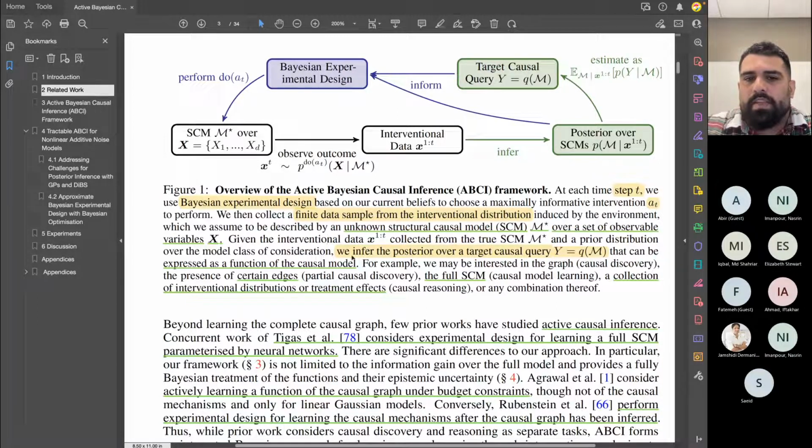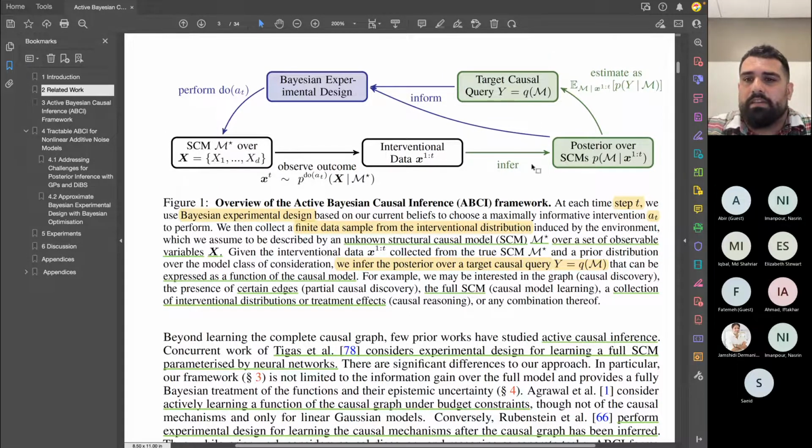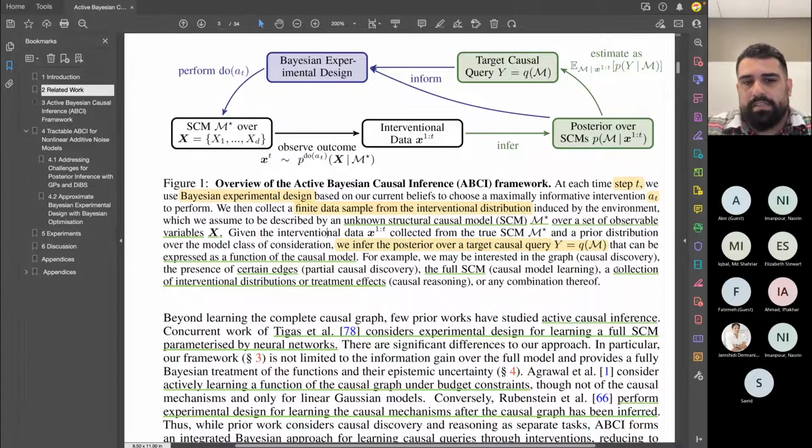Based on this and the prior distribution, they make inference. They update their SCM, or structural causal model, based on this interventional data, and based on that they make estimations for the target causal query. They infer the posterior based on that, and they express it as a function of the causal model.